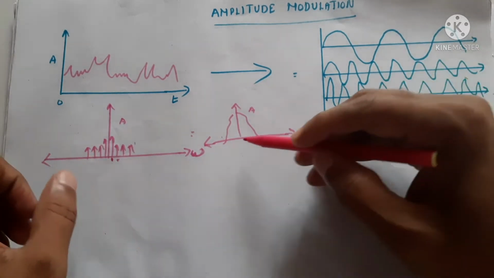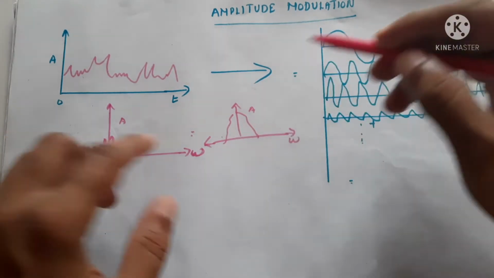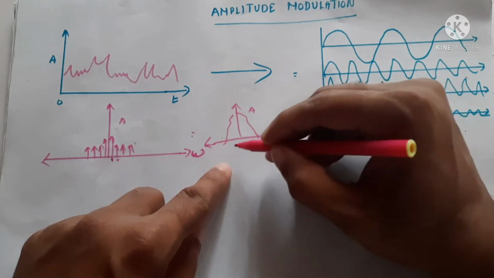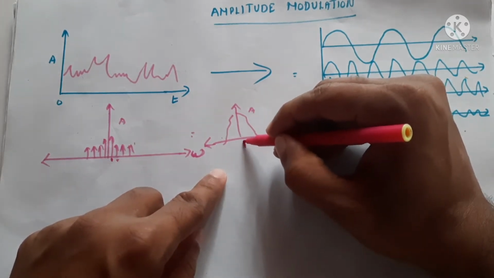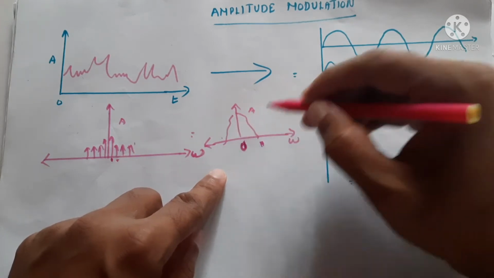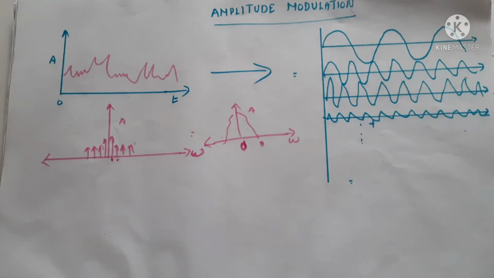So this is the range of frequencies contained in the voice. That means this is a very high frequency, and here the frequency is zero. So we can represent a signal like that.